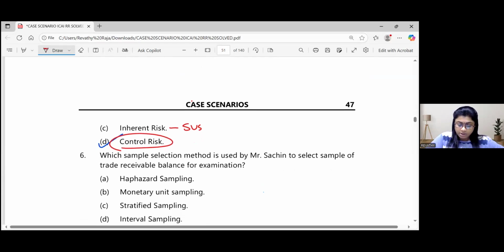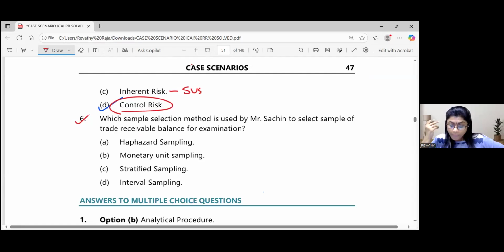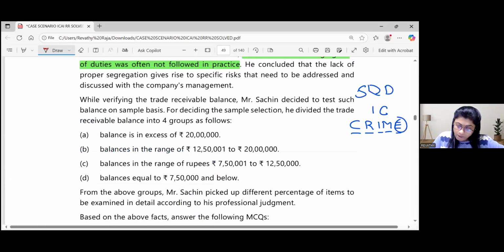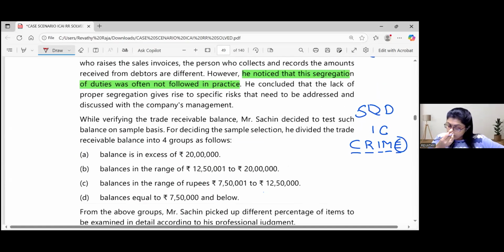Last question. Can we proceed? Which sample selection method is used by Sachin to select the sample? While verifying the trade receivable balance, Sachin decided to test the balance on sampling basis.